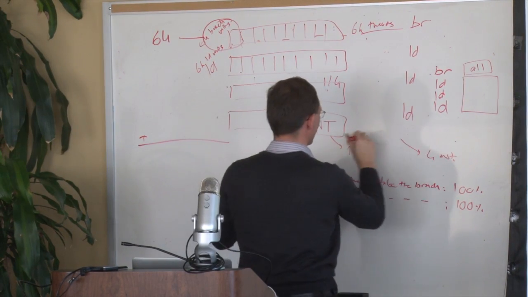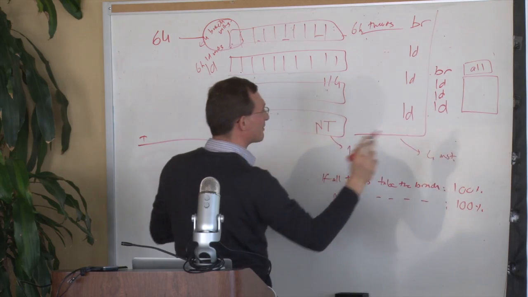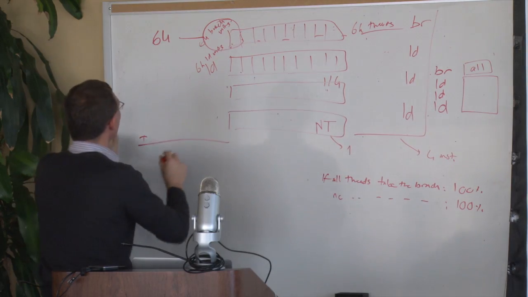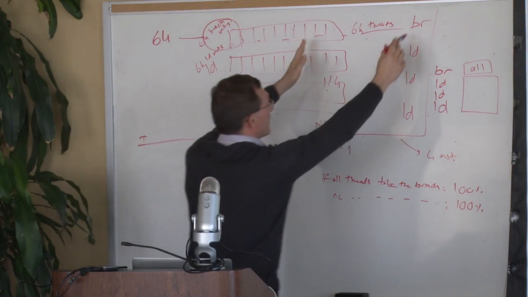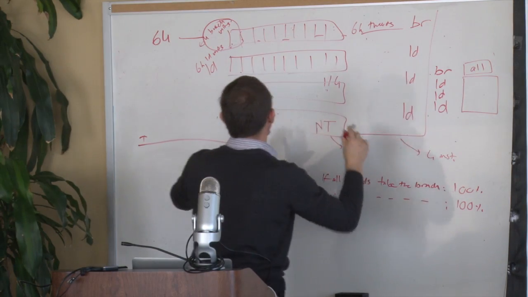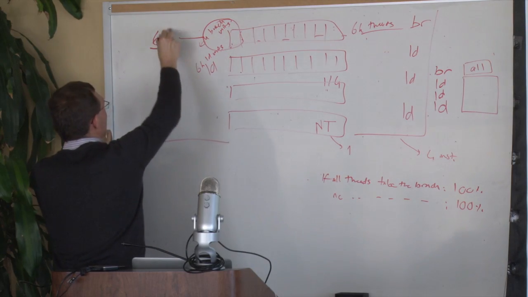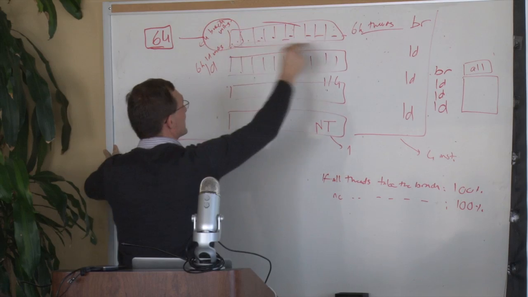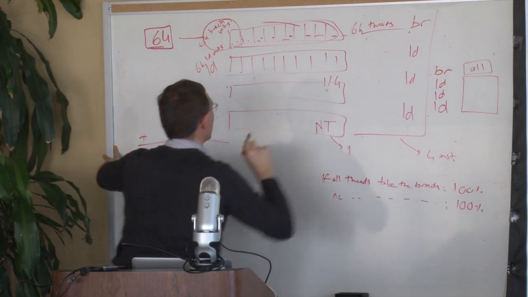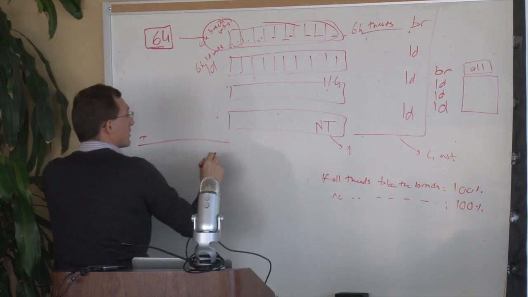I got the number wrong because I was thinking something else. So for a given warp, what's happening is you're utilizing 64 of the branch units for the branch instruction.